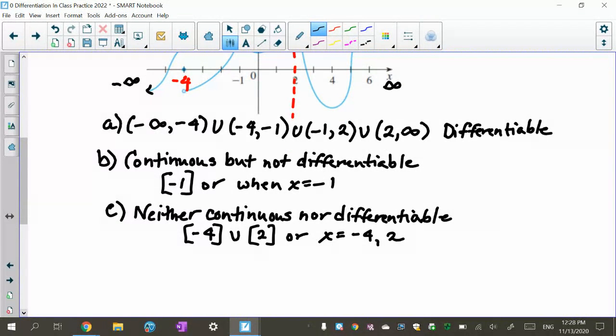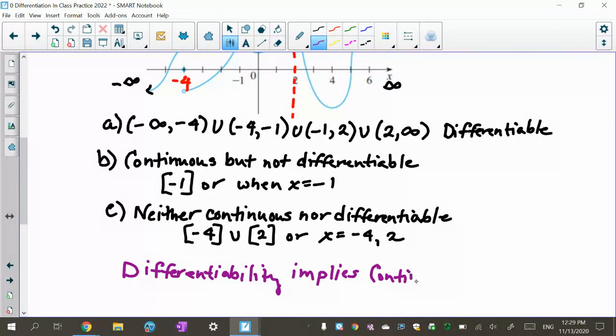So I just want to give you this little saying here. I always remember this, and it's got its basis in logic. Differentiability implies continuity. So if I said it's differentiable, it implies that it's continuous there.